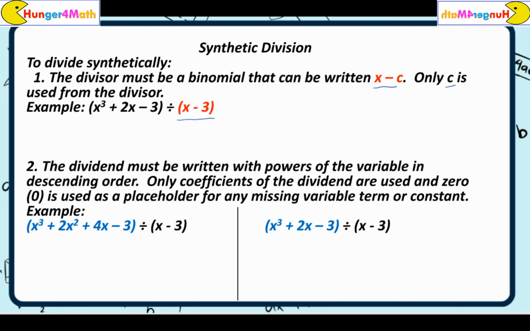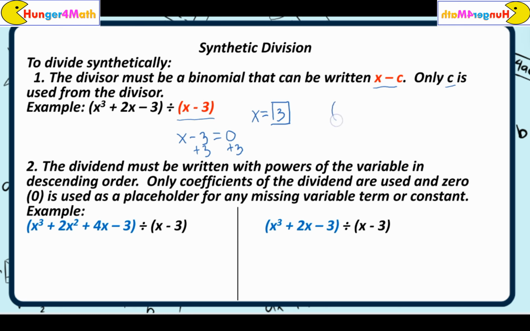Since we're going to use only the value of c, we can equate x minus 3 to 0 and solve for x. So plus 3 for both sides. So x is equal to 3. So our divisor will be number 3, or positive 3.